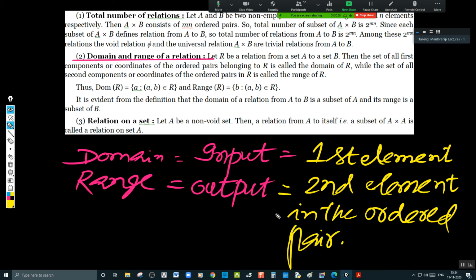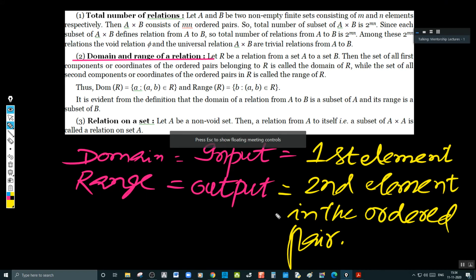I have already explained this to you, beta. I explained domain and range in trigonometry, because we needed to discuss the domain and range of trigonometric functions. In that case, you may have had doubt about what is domain and what is range. Then itself I explained: domain is nothing but the input. Whatever value you give is the domain.